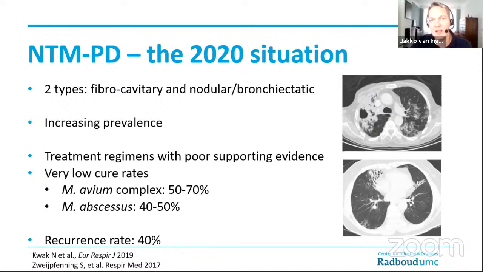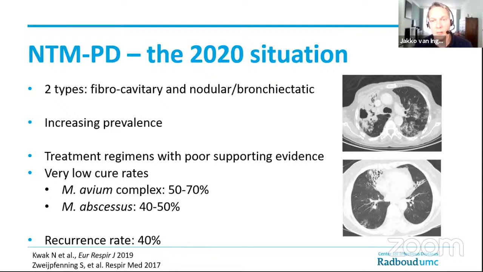Whether the prevalence is really increasing, I would say yes. But if you look at the science, it's a mixed bag. In some countries, it seems obvious, and in some, it's not that obvious. But it's definitely a big clinical concern.